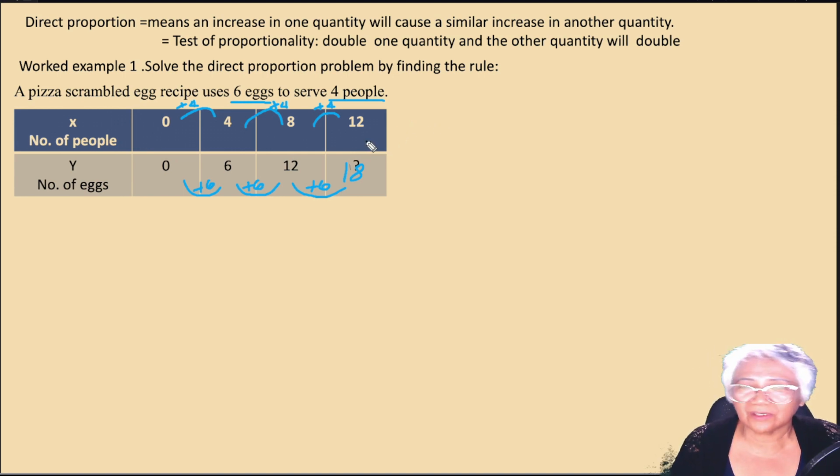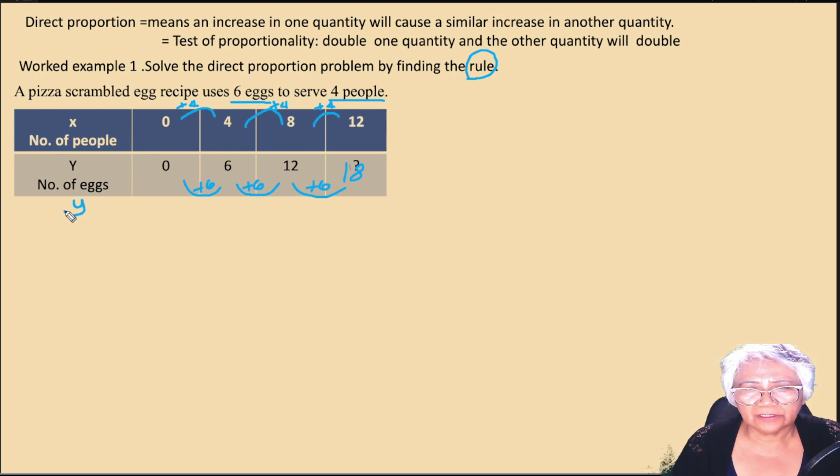That's going to be a long table of values. So instead of extending the values, we are going to use the rule. What is the rule that we're talking about here?